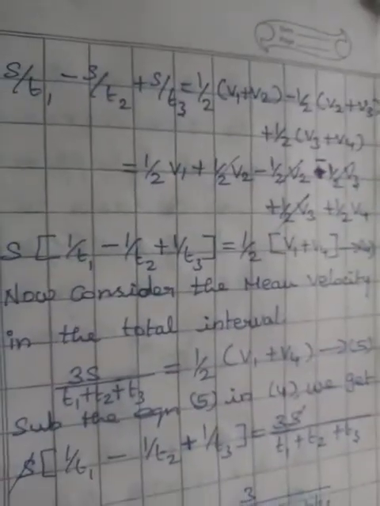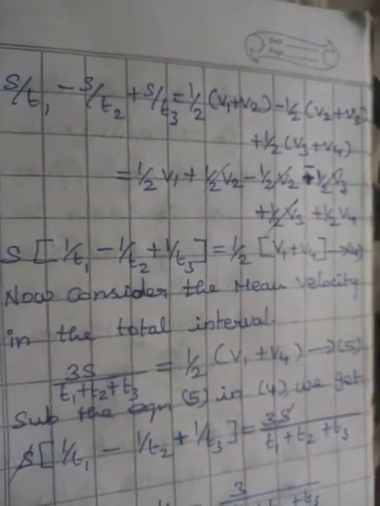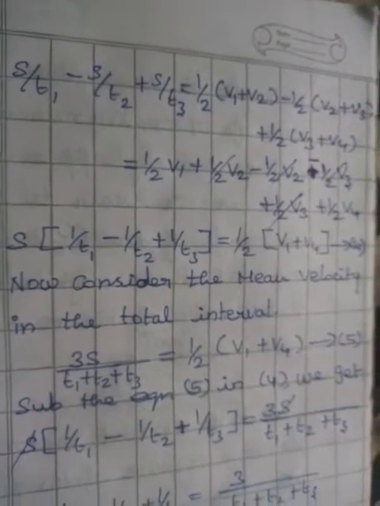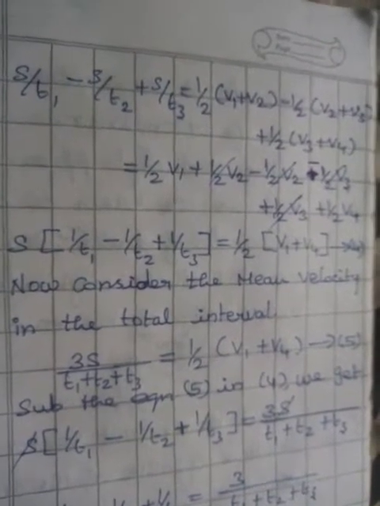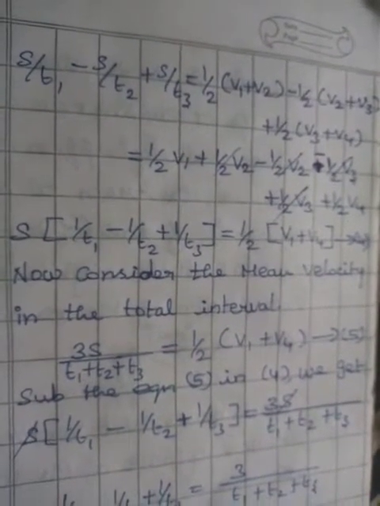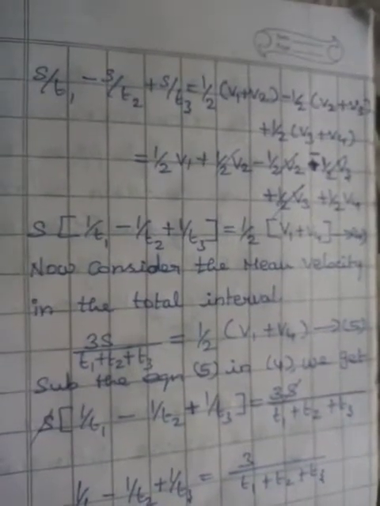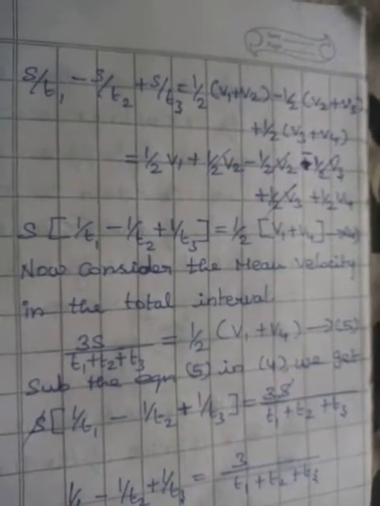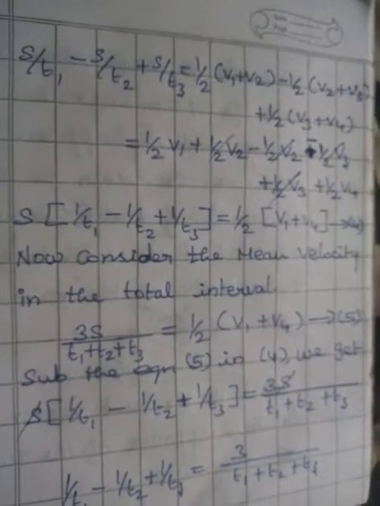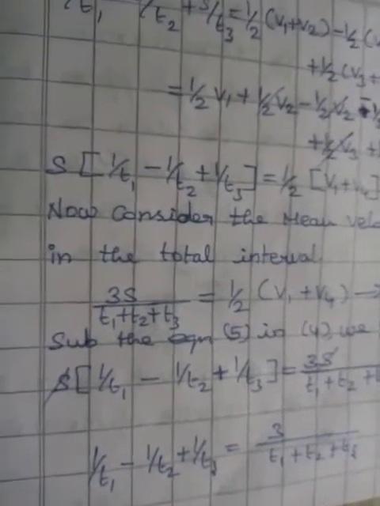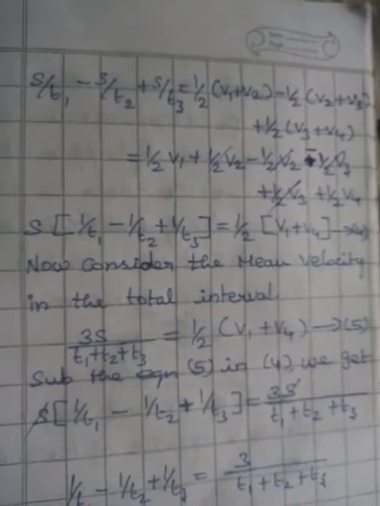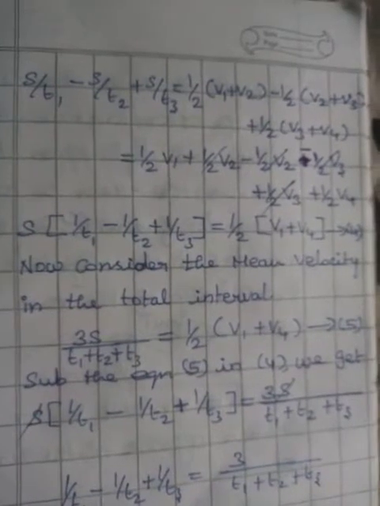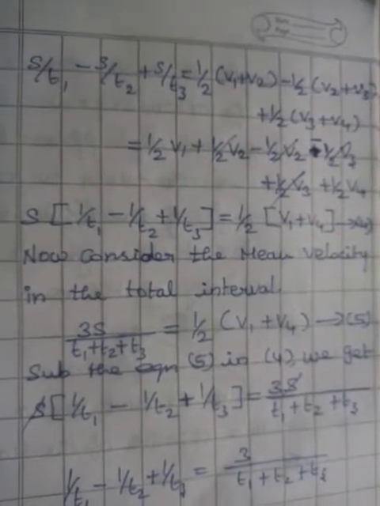So S/t1 minus S/t2 plus S/t3 equals 1/2(v1 plus v2) minus 1/2(v2 plus v3) plus 1/2(v3 plus v4), which equals 1/2 v1 plus 1/2 v2 minus 1/2 v2 minus 1/2 v3 plus 1/2 v3 plus 1/2 v4. So S(1/t1 minus 1/t2 plus 1/t3) equals 1/2(v1 plus v4).